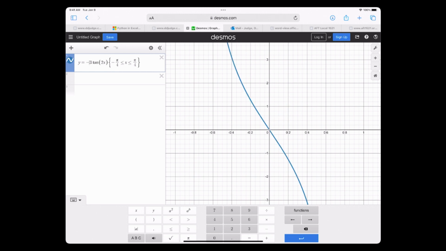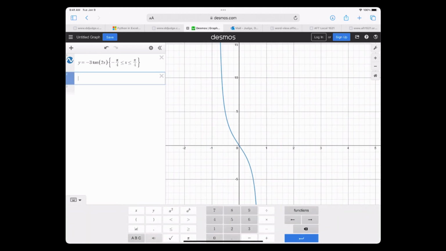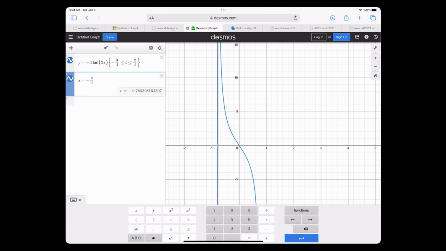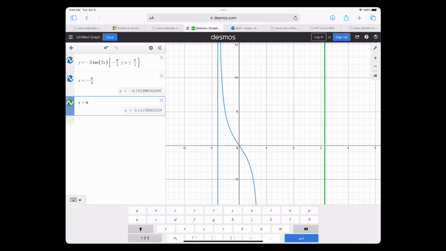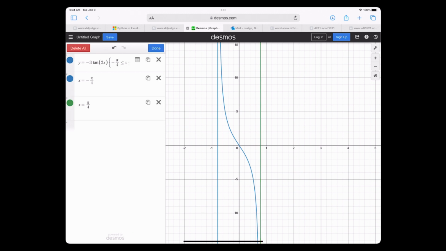So you guys see how it switched? So positive and then negative. Positive, negative. I didn't list the vertical asymptotes. I can. Okay, so you can see every detail.